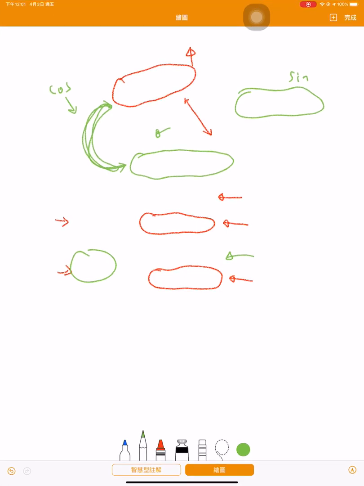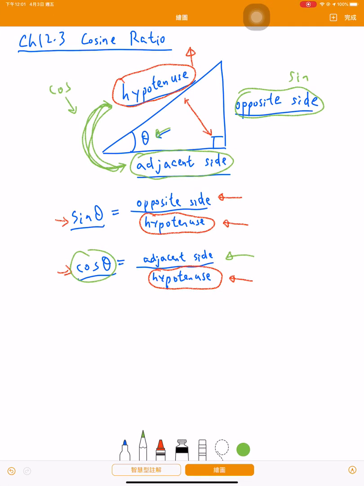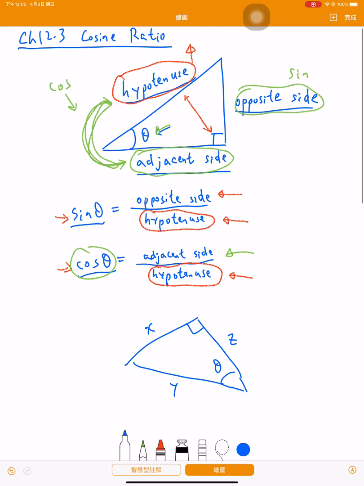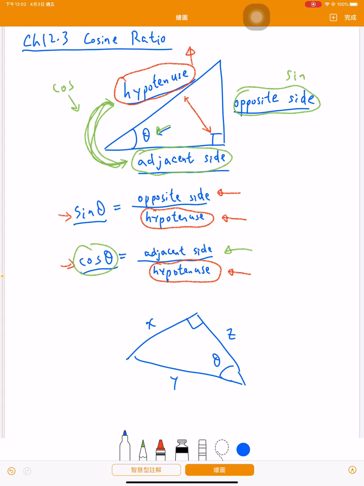Then let's talk about an example: a right angle here, and theta. This side is x, this one is y, this one is z. If you make use of what I said before about how to memorize sine and cosine, for cosine theta, first of all we must find the hypotenuse.